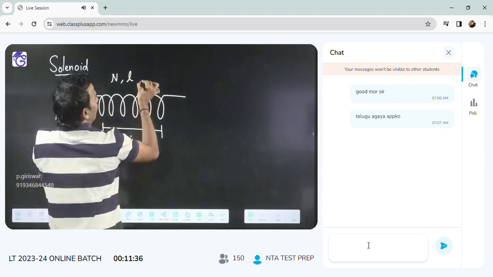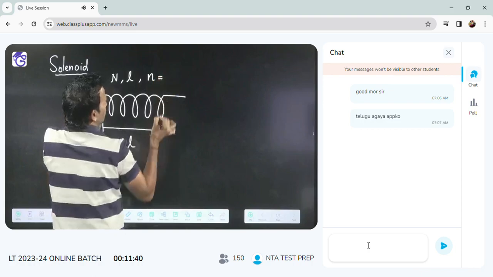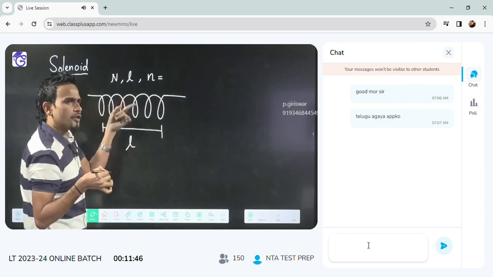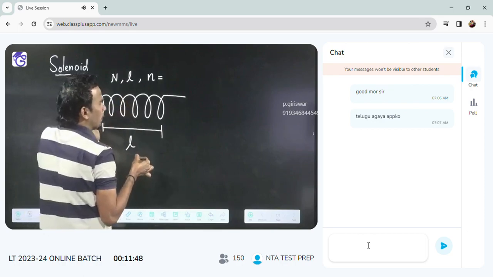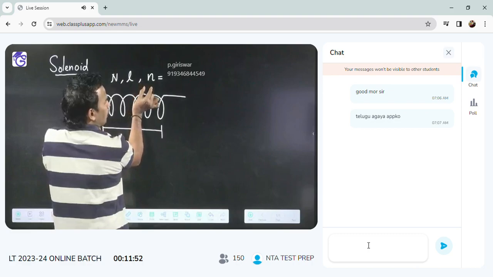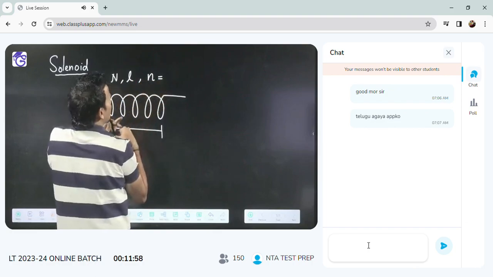Here we can also define number of turns per unit length. We can define small n. Small n means number of turns per unit length. Because sometimes in numerical they give number of turns per unit length, sometimes they give total turns and length. So both values you must be able to relate.